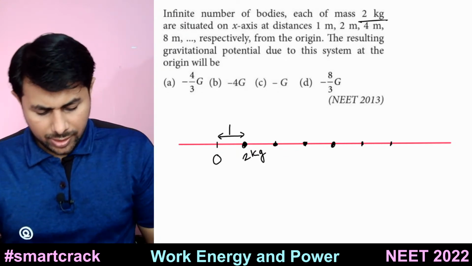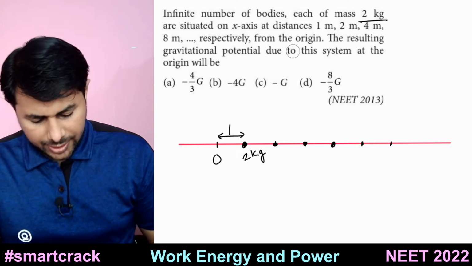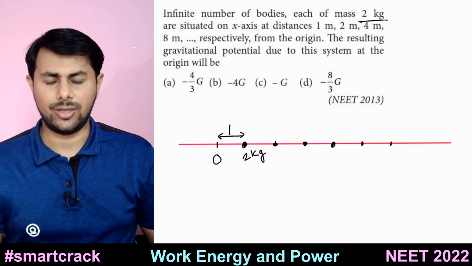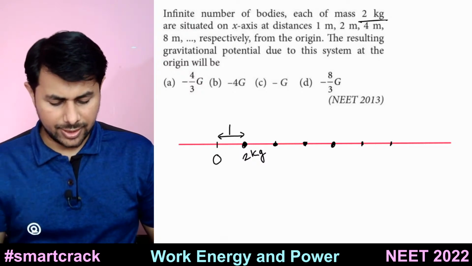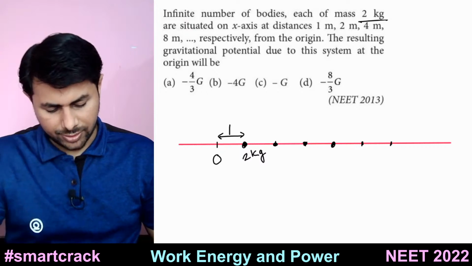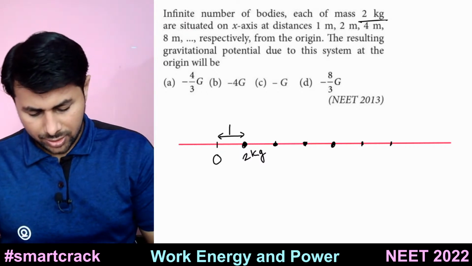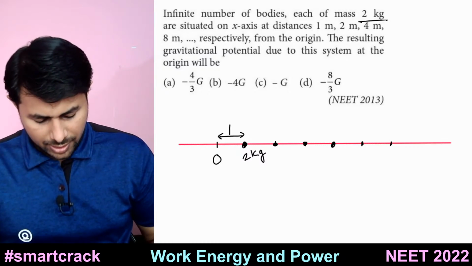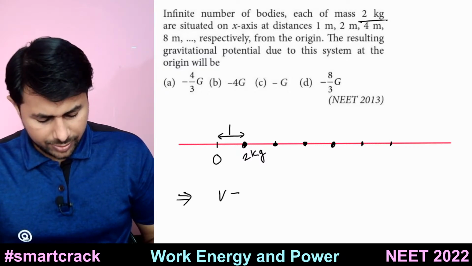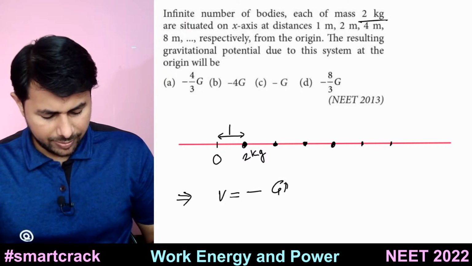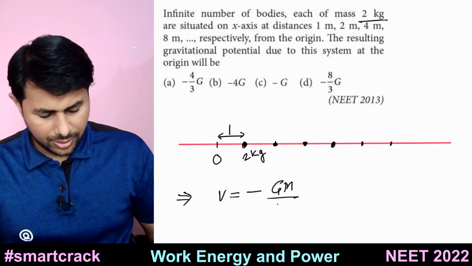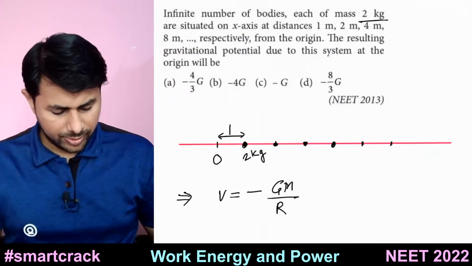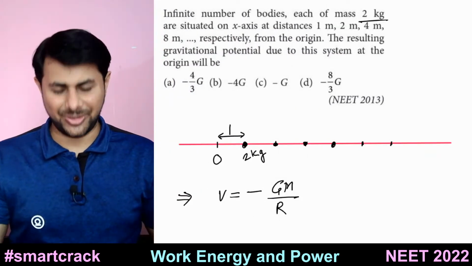Then the question is, how much will be the resulting gravitational potential due to this system at the origin? We know the formula for gravitational potential. V is equal to minus Gm over R, and here we have n bodies, actually infinite bodies.